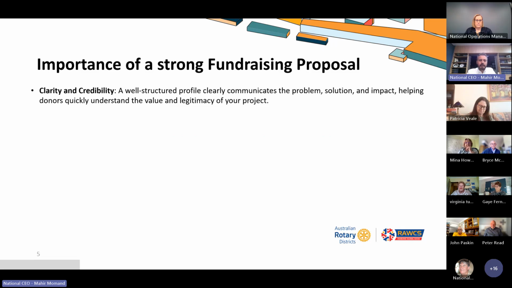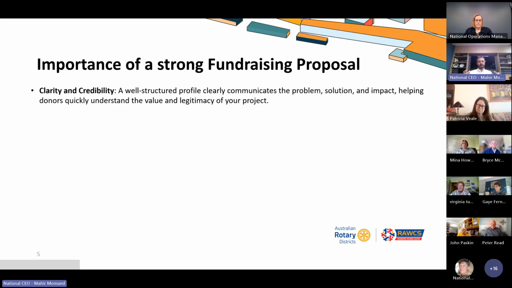The first point is that when you have a clear, credible, well-structured fundraising proposal document that clearly communicates the problem that you're trying to address, the solution that you have come up with to address that problem, and the impact it is having on the community, then that can help donors quickly understand the value of your project and the legitimacy of your project.